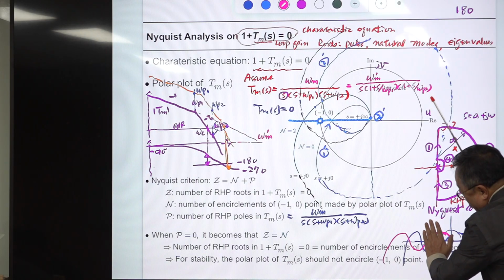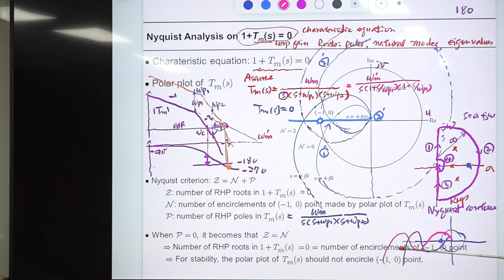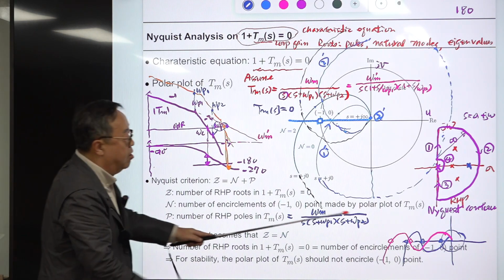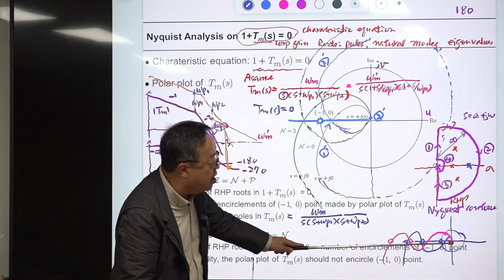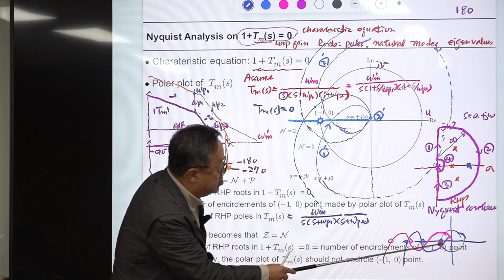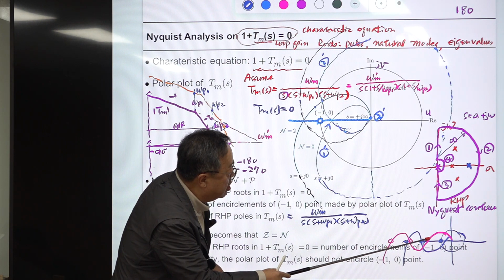Okay. If you look at this part, this system is stable, right? Because it does not encircle this critical point, and this system is unstable because it encircles this critical point. Okay. If you ignore the crossing points here, you ignore this and this point, so you ignore the even number of crossing points of the negative real axis outside the unit circle, and just take a look at this point and this point.